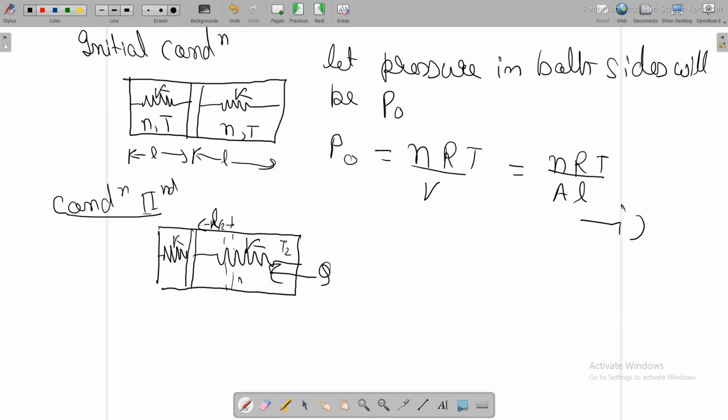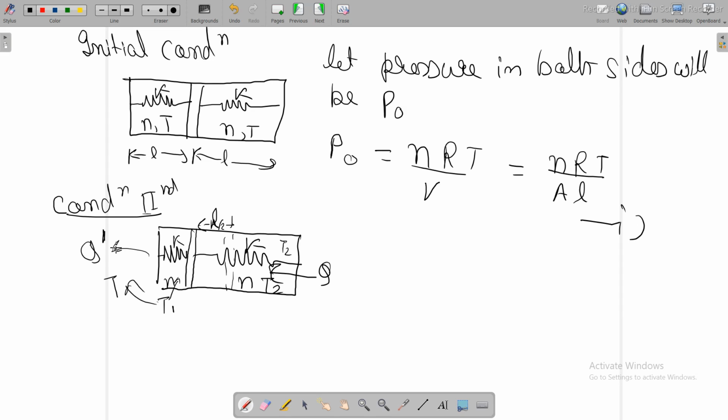The moles remain n, but the temperature rises to T2, and assume the temperature inside the left part will be T1. But as we know this is an isothermal process, it will return to T1 by releasing an amount of heat Q dash.